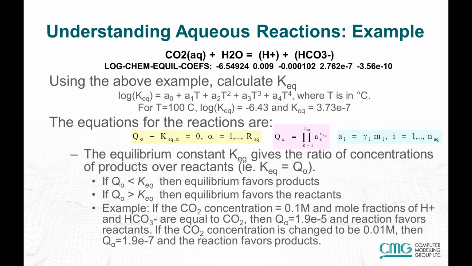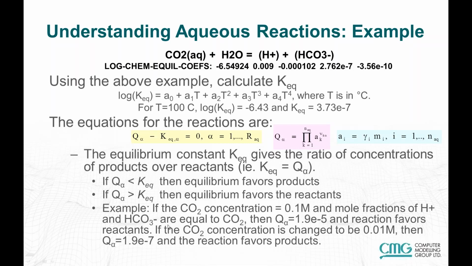Now for this example, if you substitute in some numbers for the CO2 concentration of 0.1 molality, and mole fractions of H and HCO3 are equal to a mole fraction of CO2, then Q is 1.9E minus 5, which is greater than our K_eq, so the reaction favors the reactant.